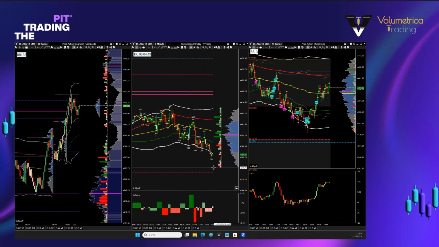Well, I hope everything was clear about delta. Of course, if you have any questions, please feel free to ask me. Next week, we will go even deeper into that concept, using delta to detect what absorption and exhaustion, but also momentum phases are, according to the proper delta analysis.